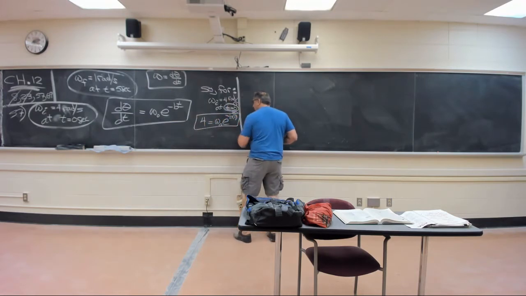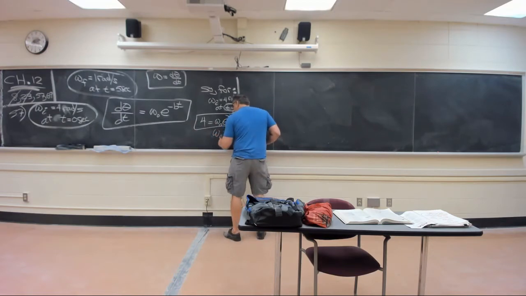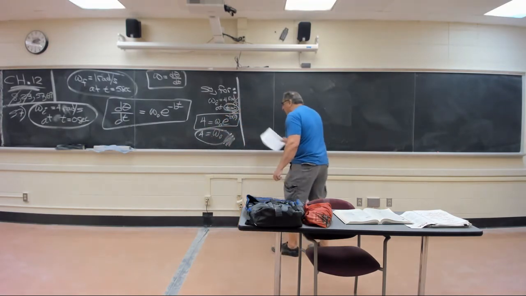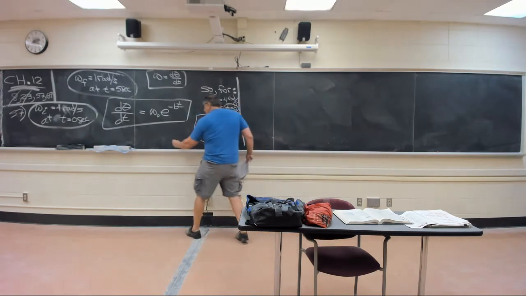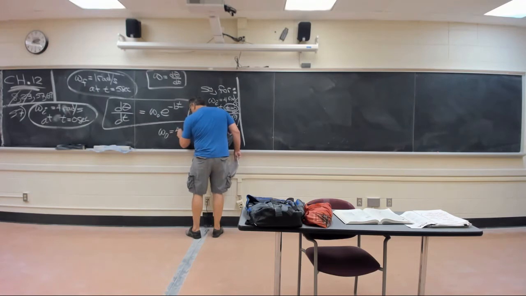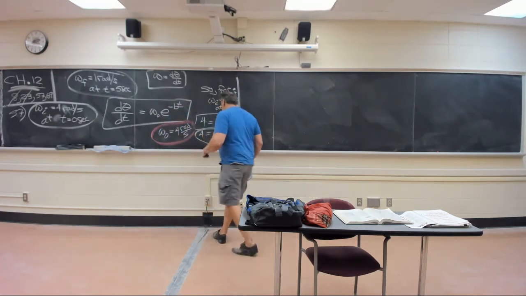So I know this. Negative B times 0 is 0. E to the 0 is 1. 1 times omega sub 0 is 4. Well, we just answered the question. Omega sub 0 equals 4 radians per second. That's part of finding A.